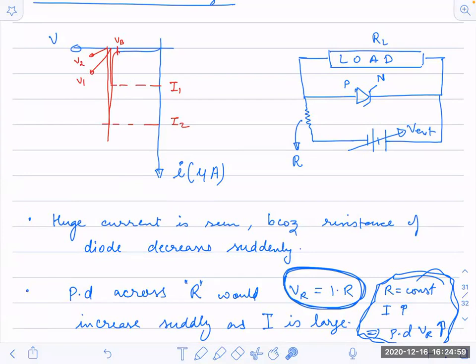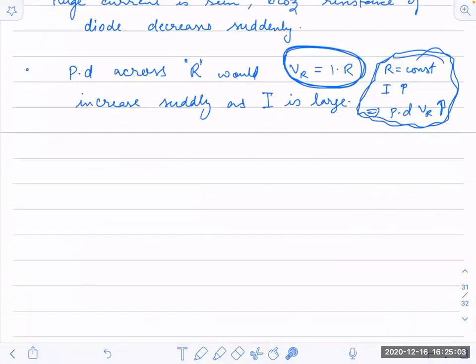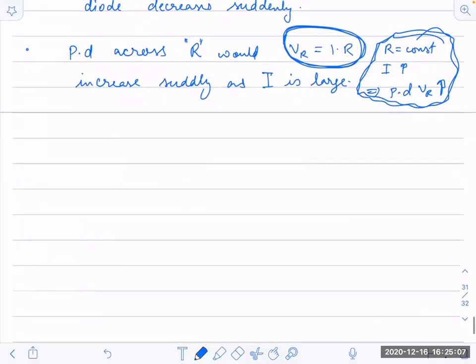Any doubt you have? So one point you can add here. I'll just write down that point that will help you to understand in future, that as potential difference across R increases due to heavy current, if the potential drop across R increases, this implies what would the Zener diode do?